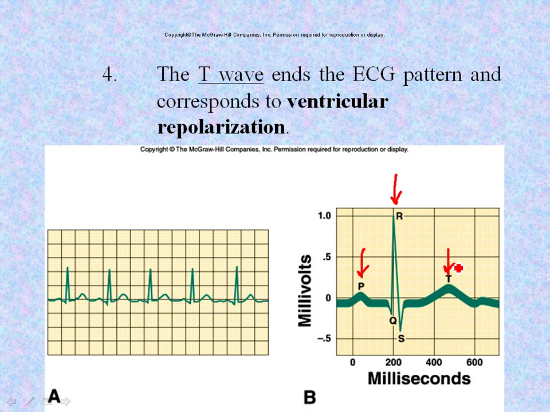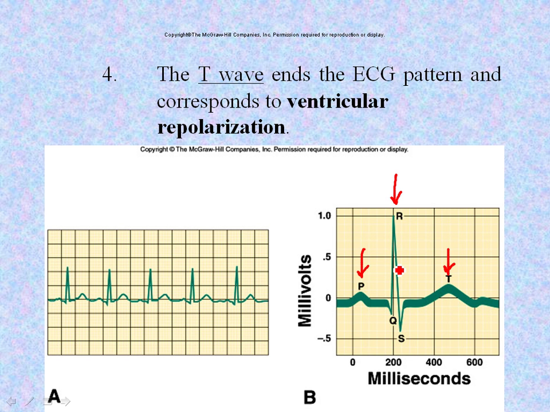They're going to depolarize. And so what we find is that at the P wave here, all of the muscle cells in the atria, which are the upper two chambers, are going to contract. So the P wave represents atrial depolarization, and then they're going to contract. And then the atrial repolarization, where they are going to then relax, comes right after, during the QRS wave complex. Now the atria contract first and then the ventricles.